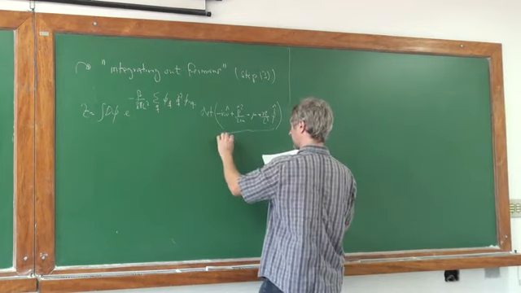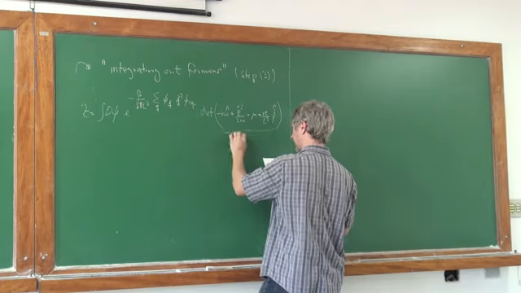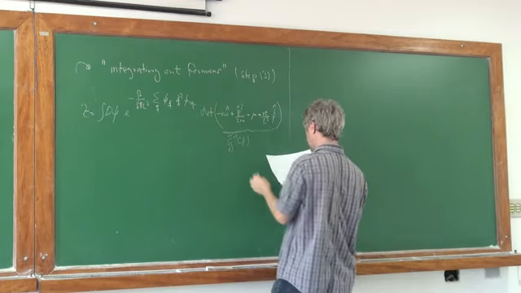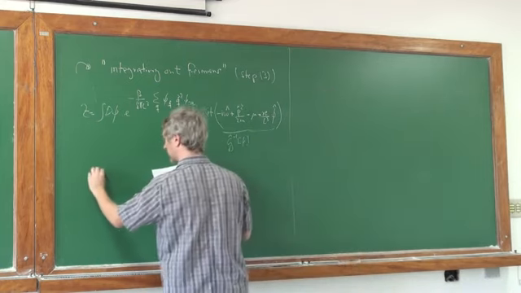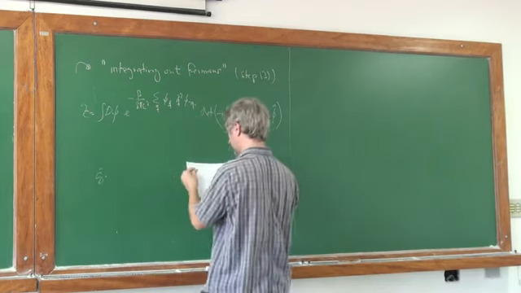inside is an operator that will write the inverse of the Green's function or propagator, and this G is the Green's function.